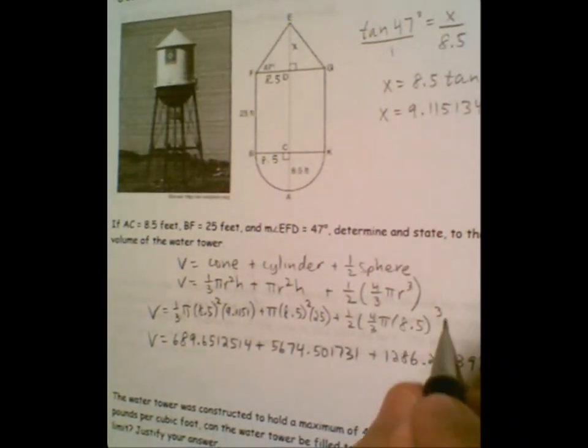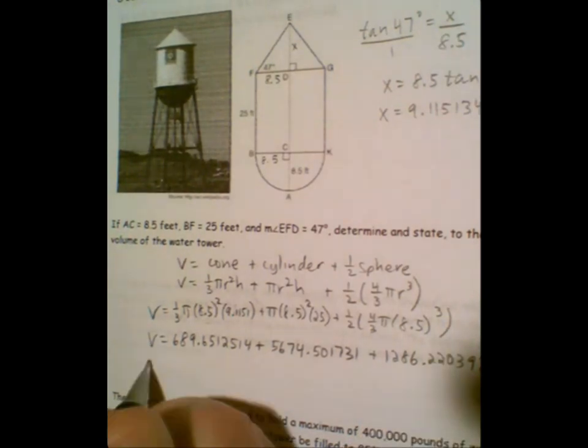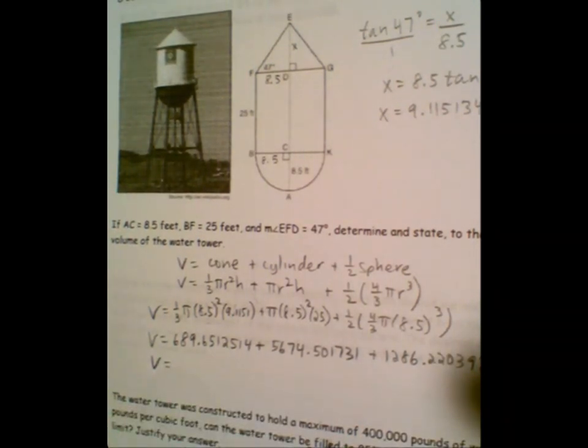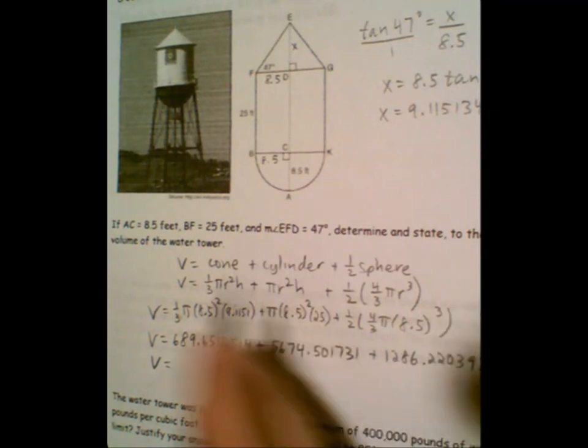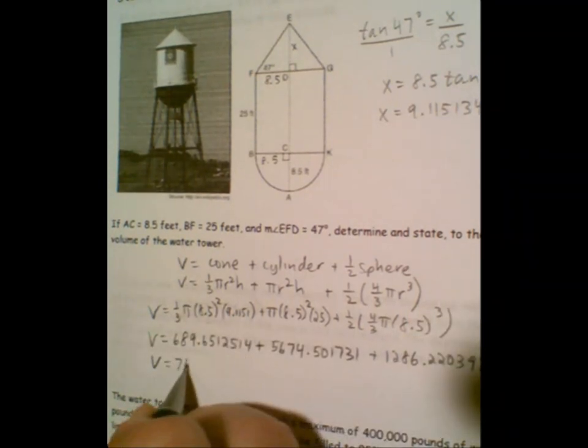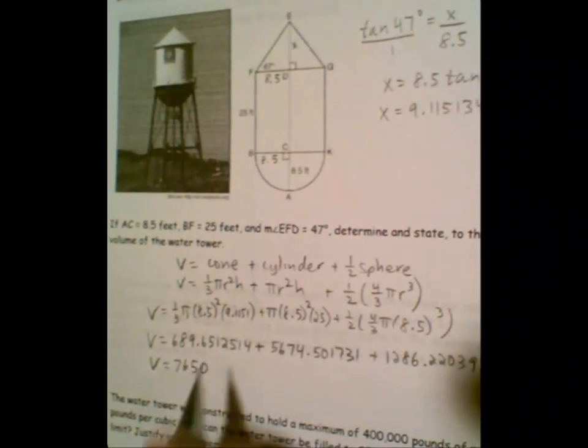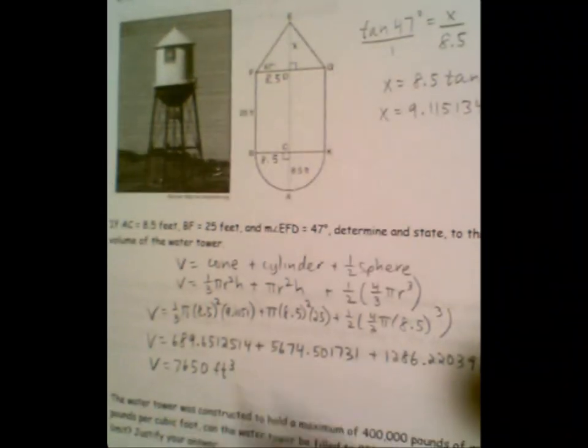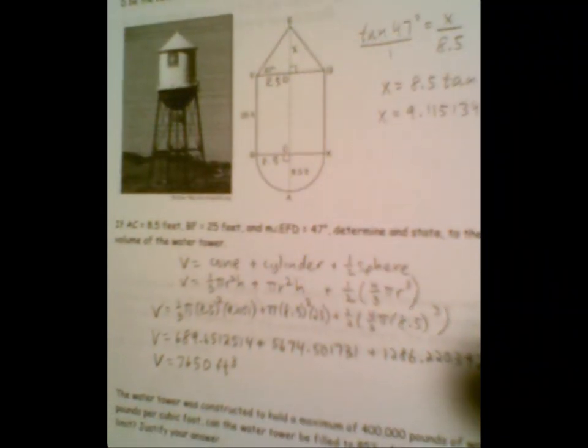Okay? You add that all together and to the nearest cubic foot, and you end up with 7,650 cubic feet. So that's the first part.